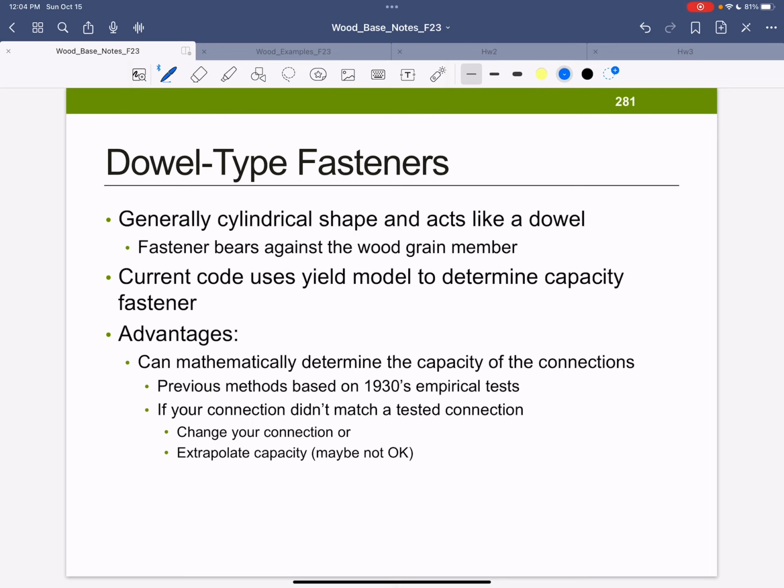There's plenty of testing out there, but we can mathematically determine the connection so that we can design the connection. If you don't have a connection that matches one of the ones that have been tested, you can either change it so you have one, or you can try to extrapolate the capacity, but it doesn't always work that directly. Okay, so you really know better if you're actually using one of the connections that's been evaluated before.